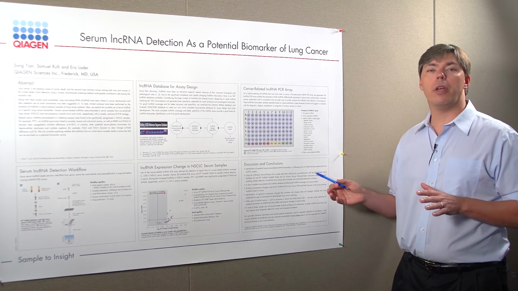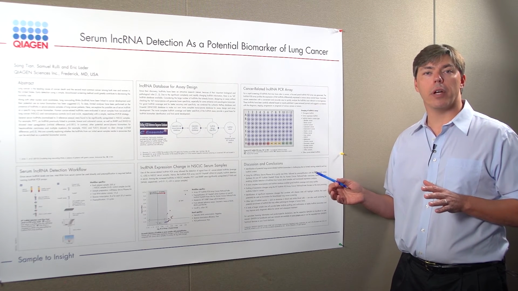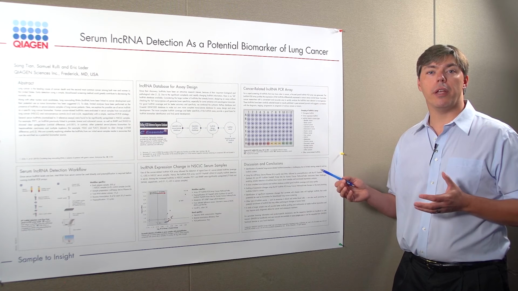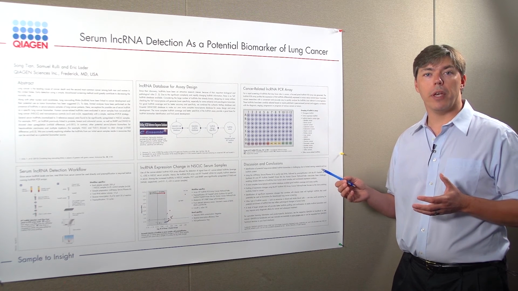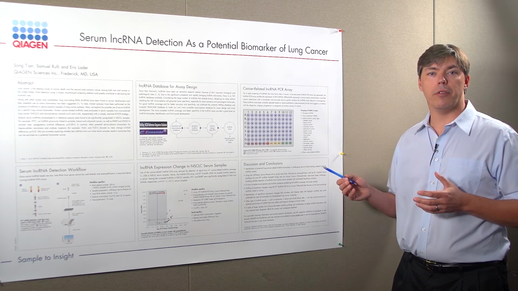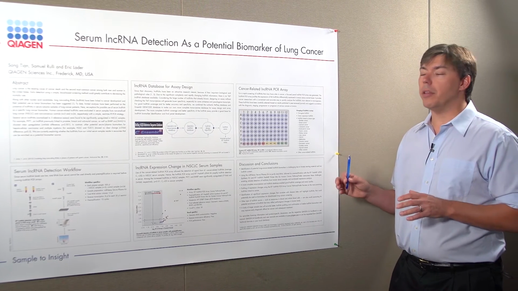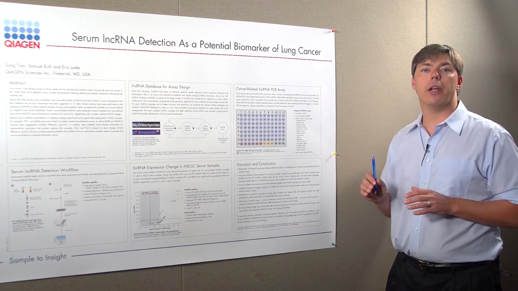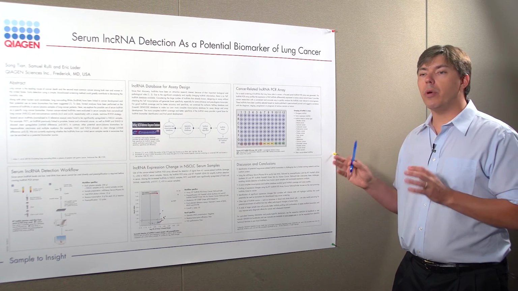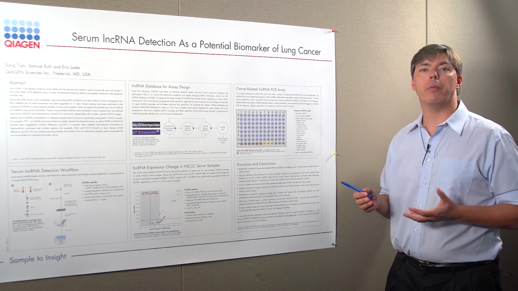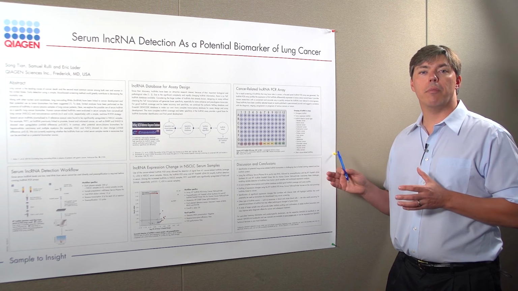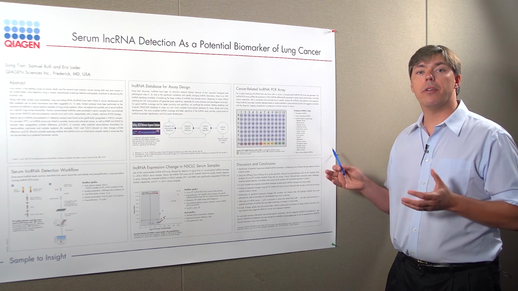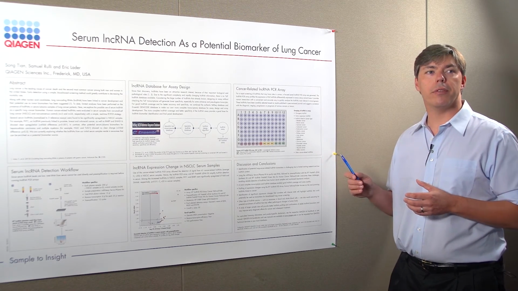We were able to detect 44 long non-coding RNAs, and we found several that were differentially upregulated with significant p-values in our non-small cell lung cancer patients. By using simple real-time PCR technology coupled with easy RNA isolation techniques, we can quickly start to screen more samples to see whether or not these potential biomarkers are consistent across more types of cancers and within lung cancer patients.